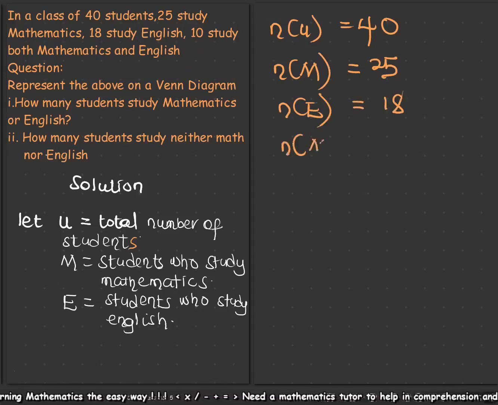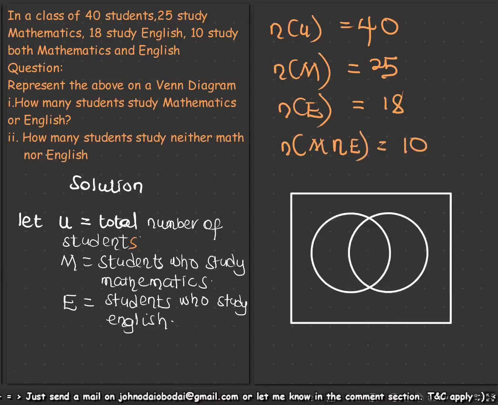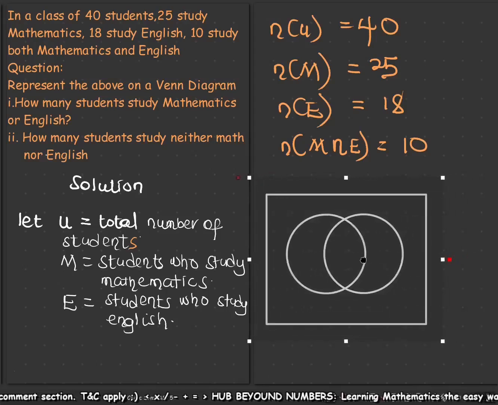So mathematics and English is then going to be 10. So we now draw our Venn diagram. You take your ruler, if possible a compass, and a pencil. Then you draw your Venn diagram nicely, and with that, we do our labeling. Now, this is how we label.